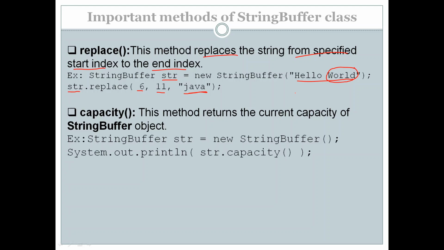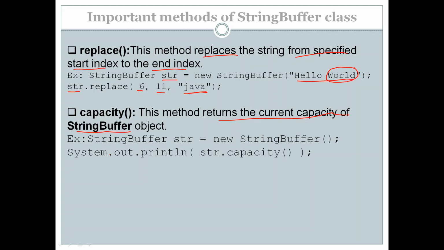Then next is the function capacity. This method returns the current capacity of the StringBuffer object. That simply means how many characters a StringBuffer can store. That capacity is returned when you use the method capacity.